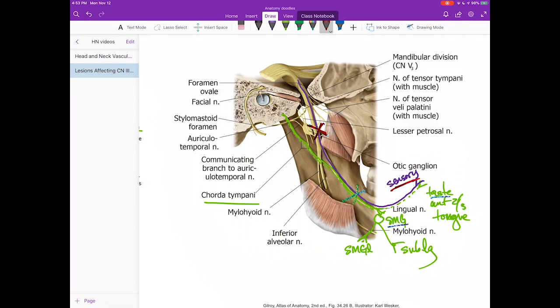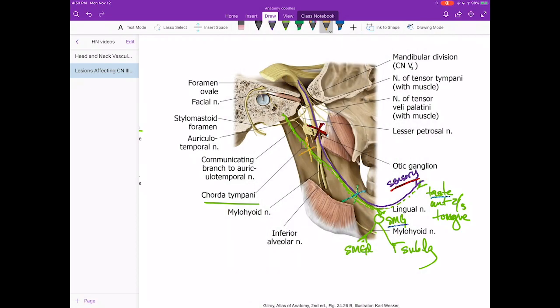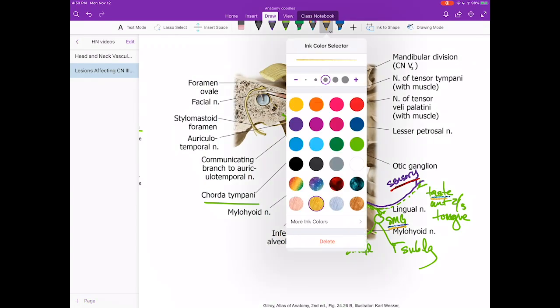On the other hand, if my lesion were in chorda tympani itself before it joins with the lingual nerve, then I would lose taste to the anterior 2/3 of the tongue and visceral motor innervation of the salivary glands. Well, we can add one more lesion into this story.